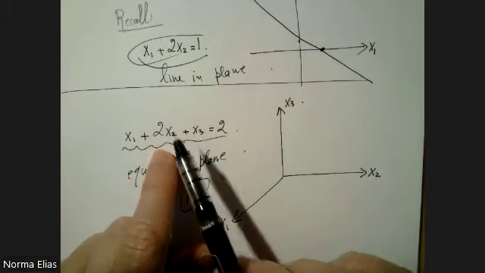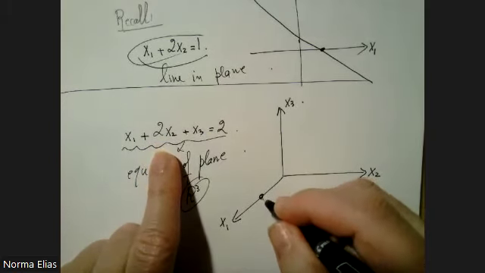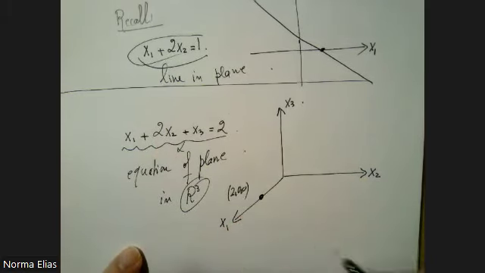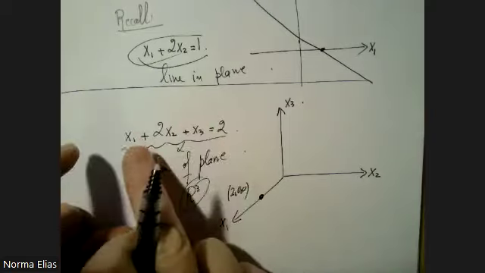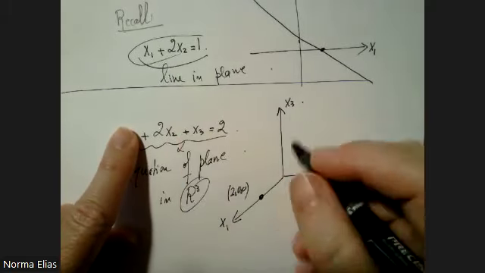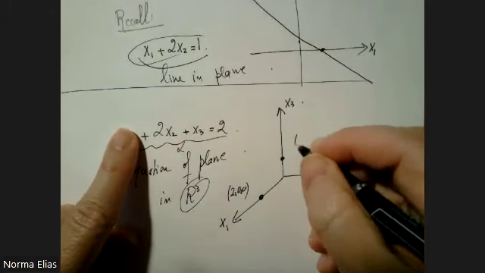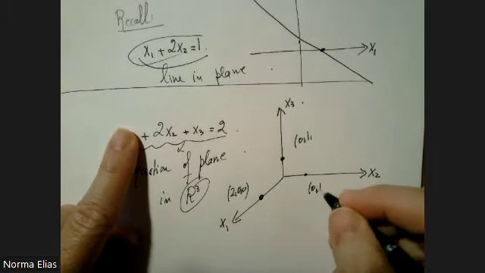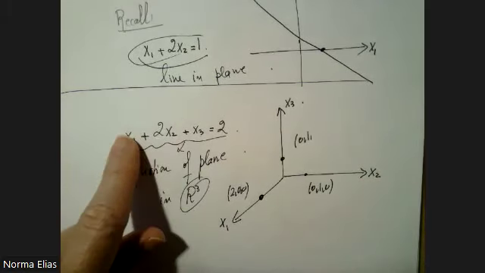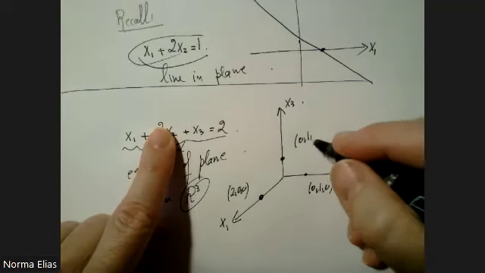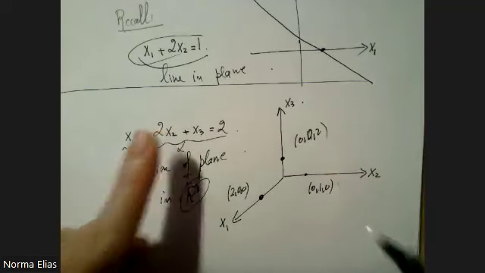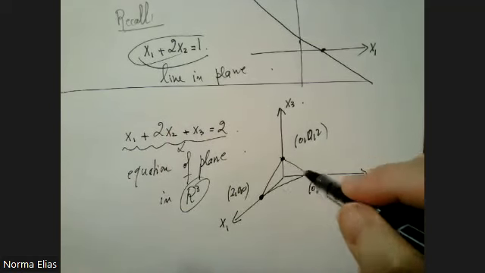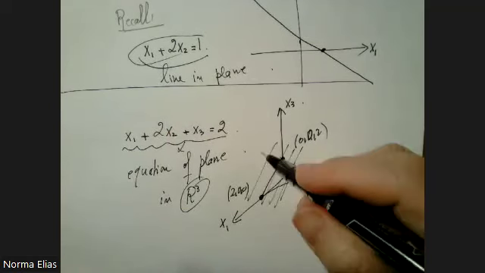If I take x2 and x3 to be 0, x1 is 2. So that's a point here, which is 2, 0, 0. Now if I take x1 and x3 to be 0, x2 is 1. So this is a point here, 0, 1, 0. And finally, x1 and x2 being 0 will give me 0, 0, 2. So every solution is a point on this plane right there.